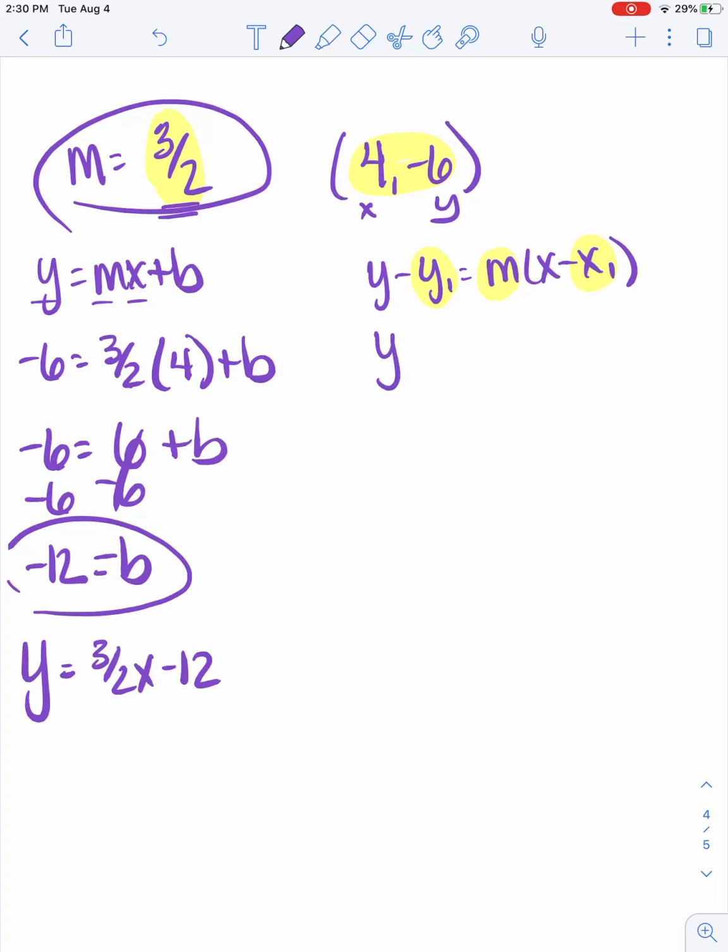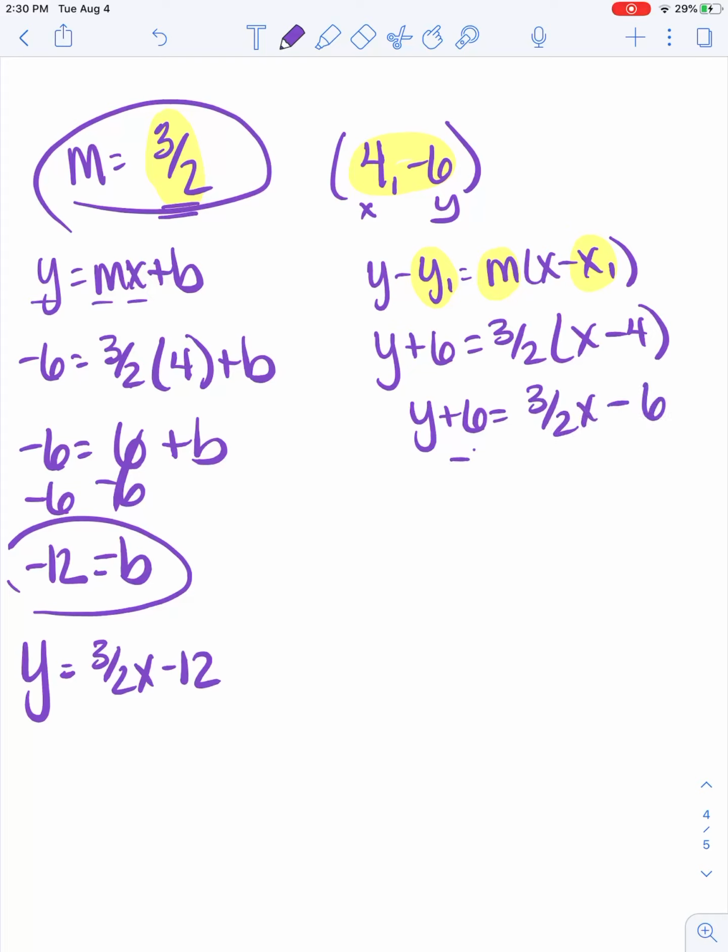So let's show you that. y minus -6, so y plus 6 equals 3/2 times x minus 4. 3/2x minus 6, subtract the 6. There we go, same thing.